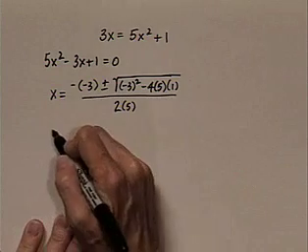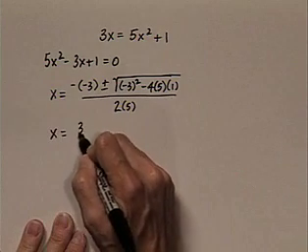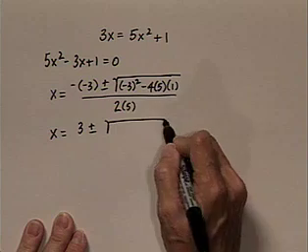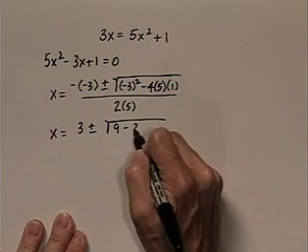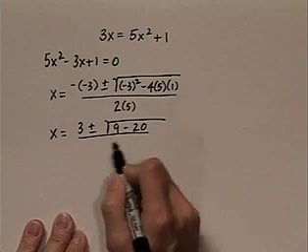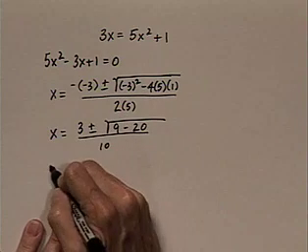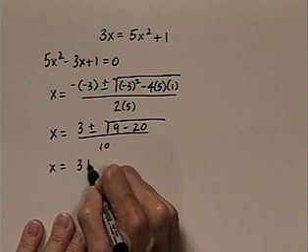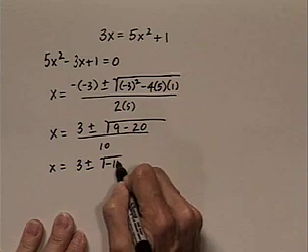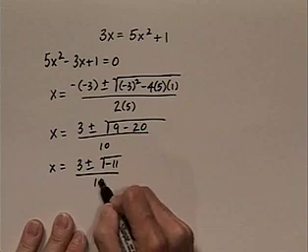And we'll continue by simplifying. The numerator is 3 plus or minus the square root of 9 minus 20, divided by 10. Continuing inside the radical, 3 plus or minus the square root of negative 11, divided by 10.